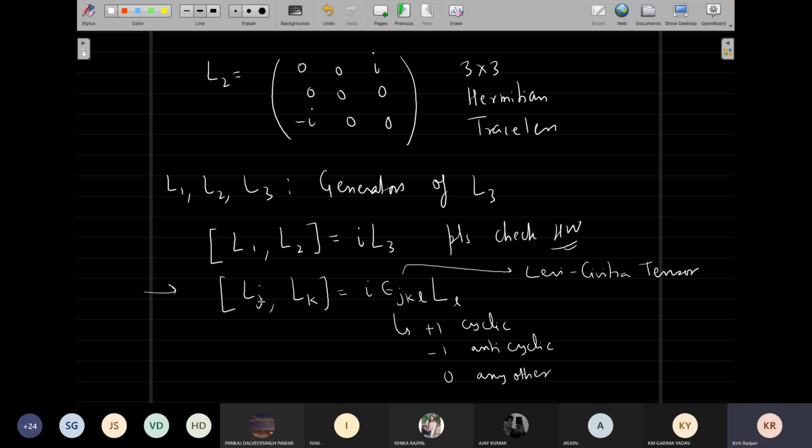And this property is enjoyed by which operators? You remember, three operators enjoying this kind of property. This is where the angular momentum comes in. In fact, not only that, I can give you another homework: L1 squared. You have got your L1 matrix, remember, a 3 by 3 matrix. I ask you to do the square, L2 squared plus L3 squared, which should give you L squared.